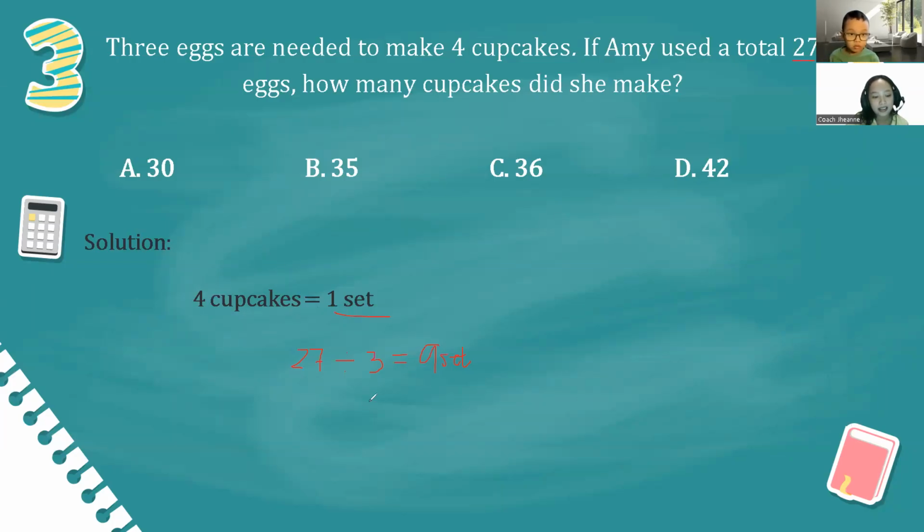Now, 9 sets times the number of cupcakes in a set is equal to 36. Okay. Is this right? 36? Okay. So the answer would be C. Okay, this is just easy. Continue.